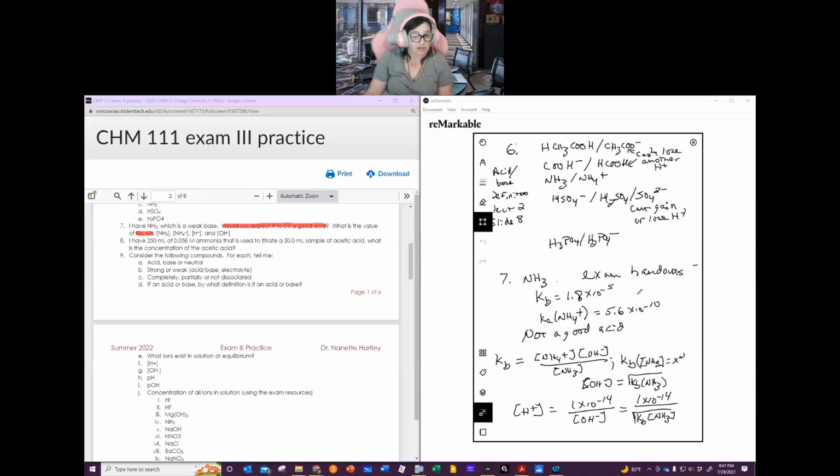my NH3 concentration, then I need to look at what exactly I have for my Kb. So my Kb equals NH4 plus times OH minus over NH3. I know that if I want to find the concentration of OH minus, that's going to be equal to the square root of Kb times NH3.